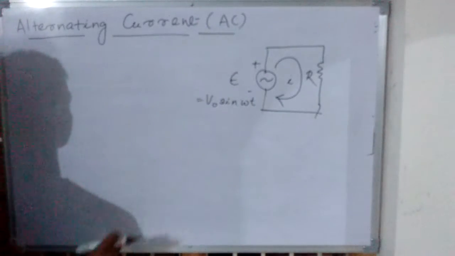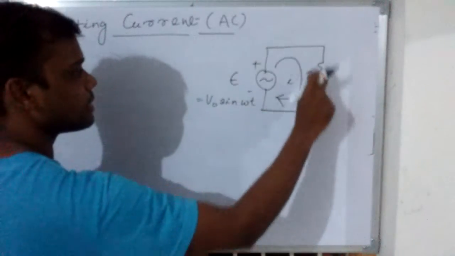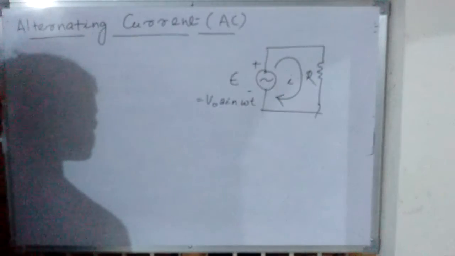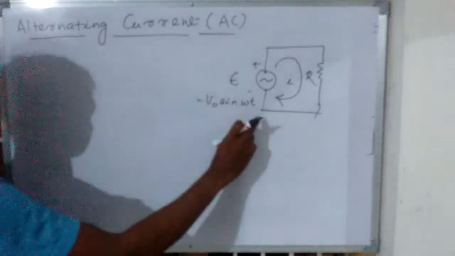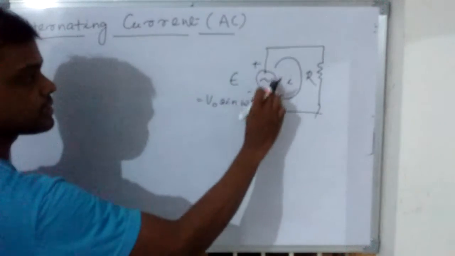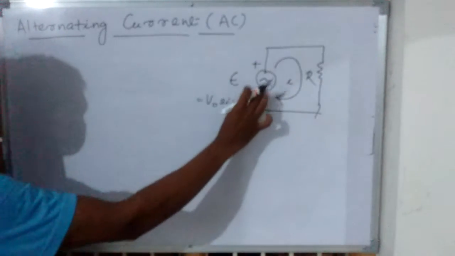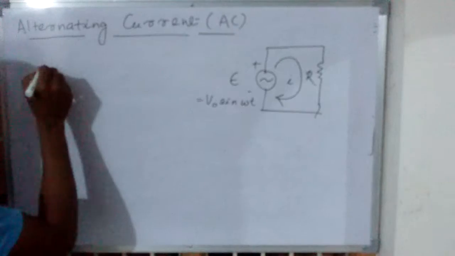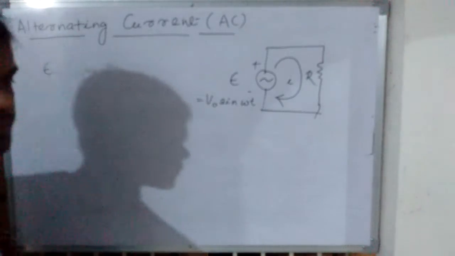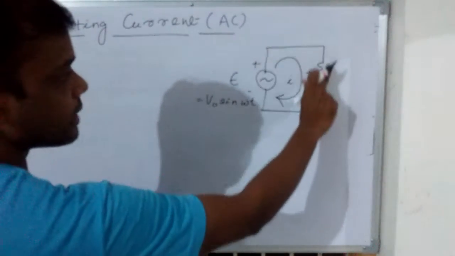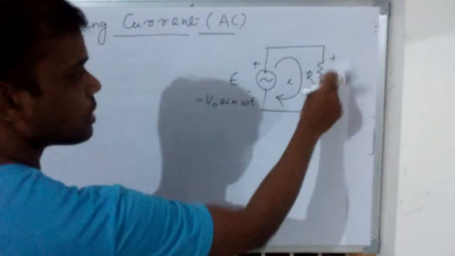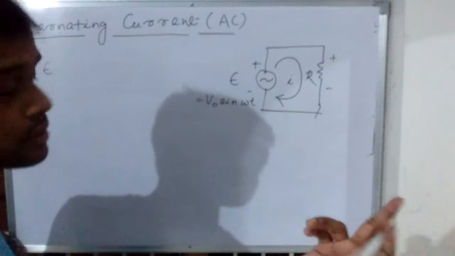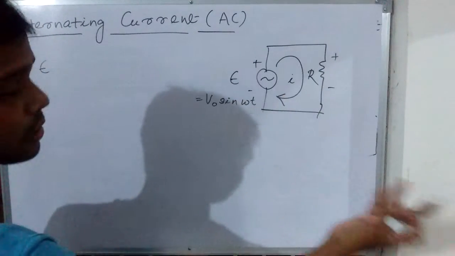Very simple, just apply Kirchhoff's loop rule across the circuit. I will start from this point. First is plus epsilon, since it is increasing the voltage from minus to plus. Then if you go like this, there is a drop because resistors are always consuming elements, so they will always drop the potential.